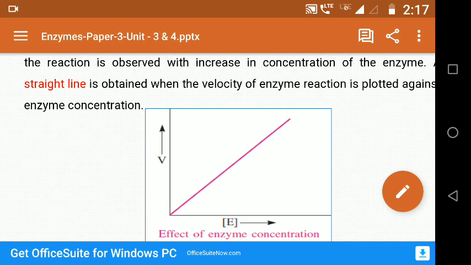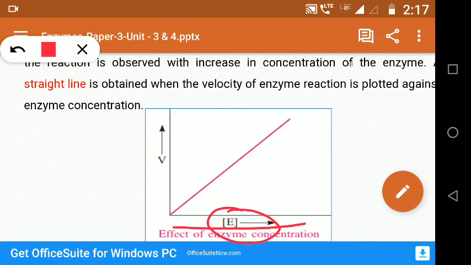In this straight line we can easily see on the x-axis we have E, the concentration of the enzyme, which is gradually increasing, and on the y-axis we have the velocity of the enzyme. That means the rate of the reaction, the velocity of the product, how much product is formed per second. As the enzyme concentration increases, the velocity also increases.